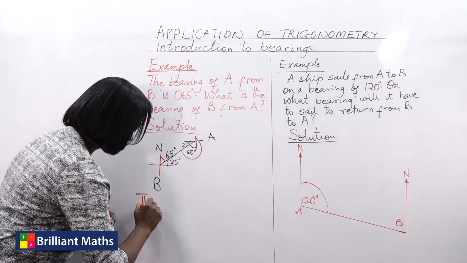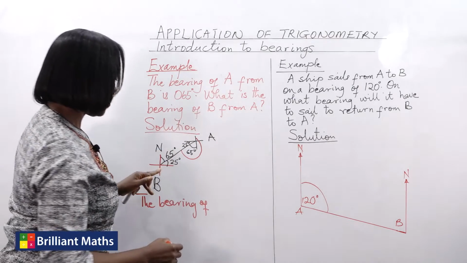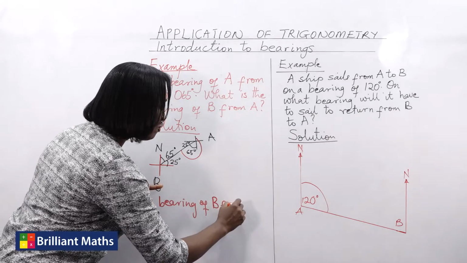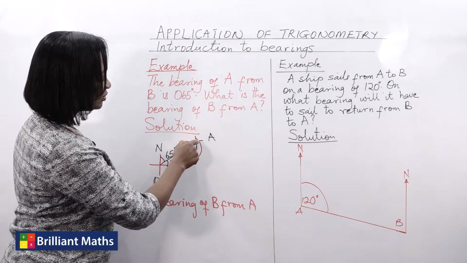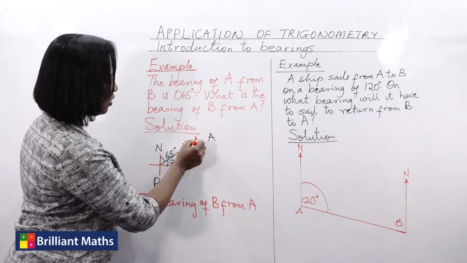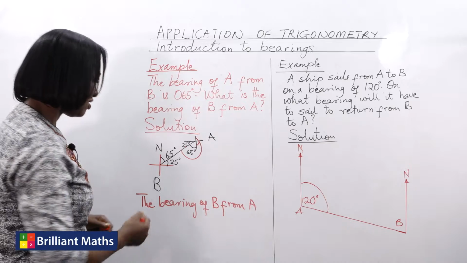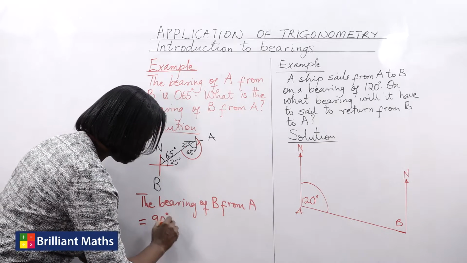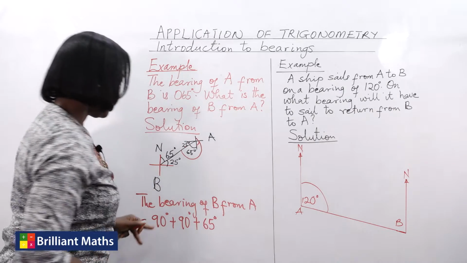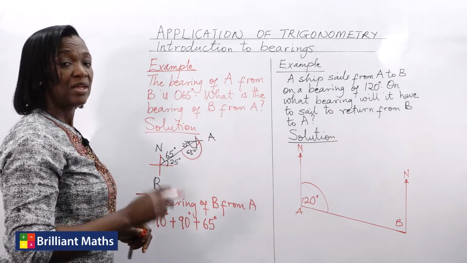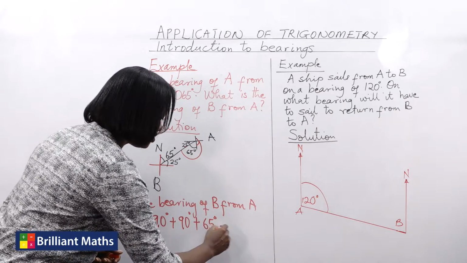So the bearing of B from A, remember it's coming from A, the first quadrant 90 degrees, then we have another 90 degrees, and then 65 degrees where it goes to B. So that will be equal to 90 degrees plus 90 degrees plus 65 degrees. 90 plus 90 is 180, and 180 plus 65 will be 245 degrees.